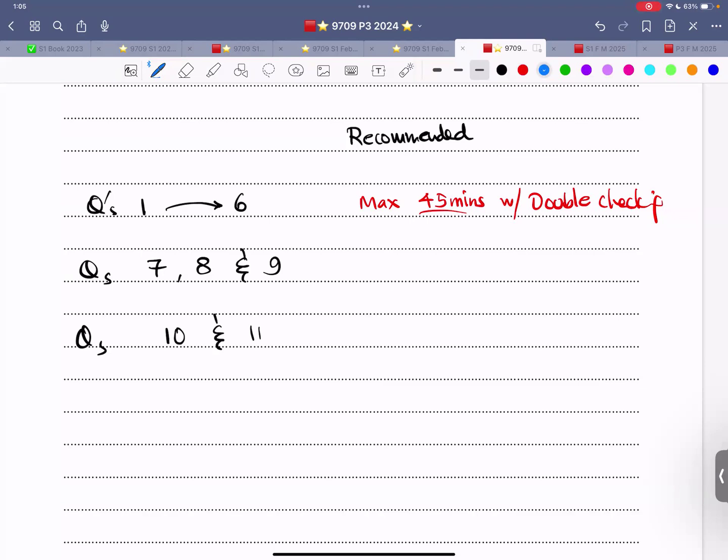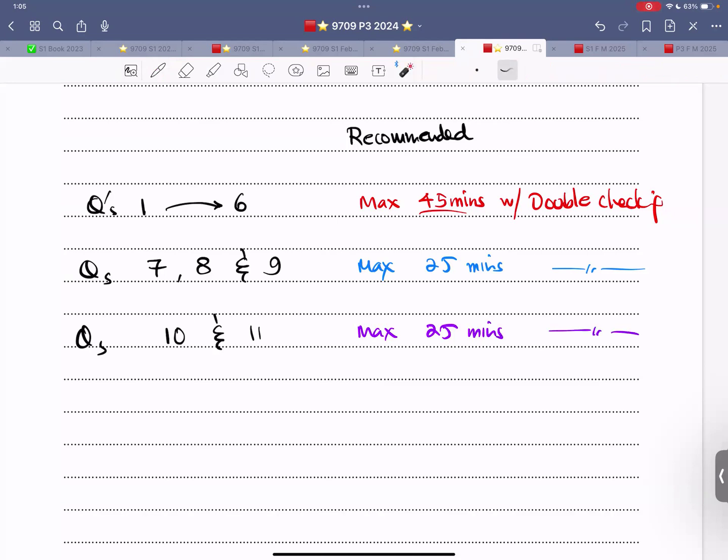For 7, 8, 9, max 25 minutes. Again, with double checking. And the last one, 10 and 11, that is max 25 minutes. Sometimes these ones are trickier than this, or vice versa, that could happen.